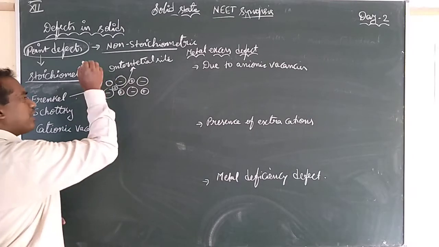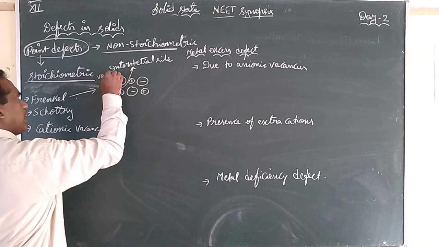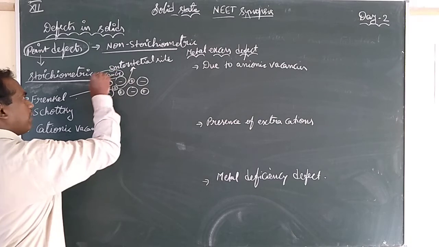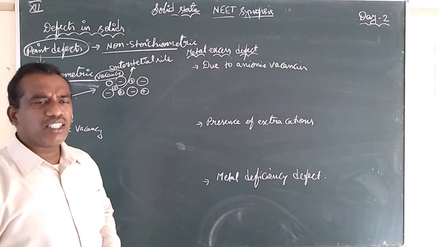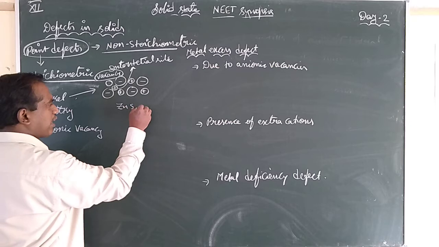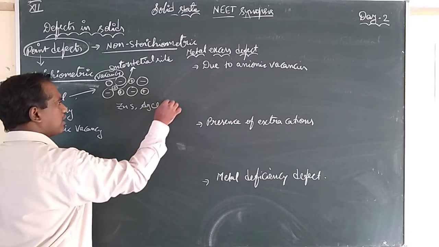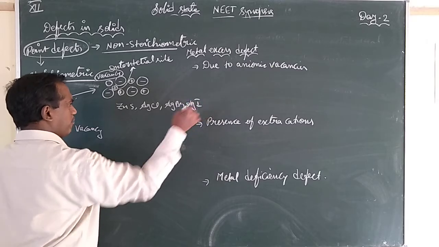The place where they used to be is left vacant, and it creates a vacancy. This is generally seen in compounds with a large radius ratio difference, like zinc sulfide, silver chloride, silver bromide, and also silver iodide.